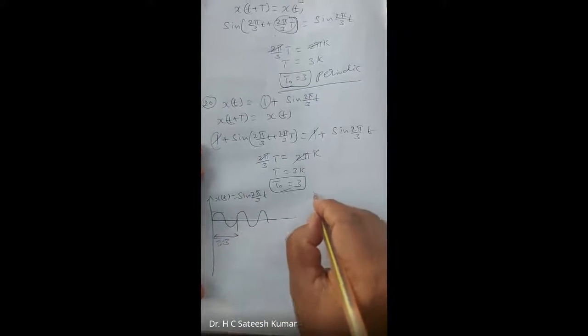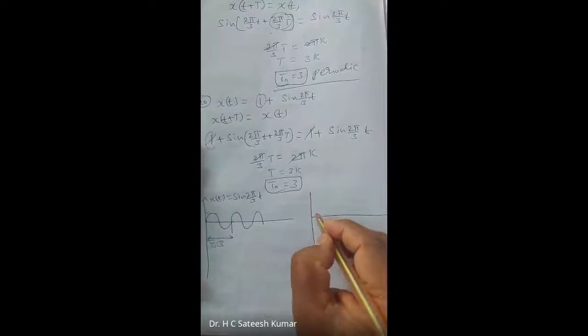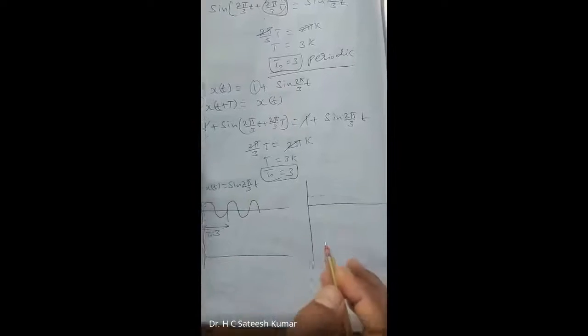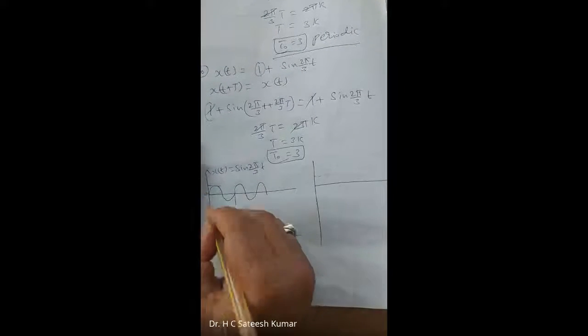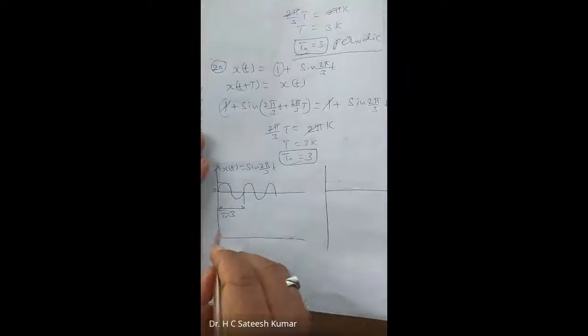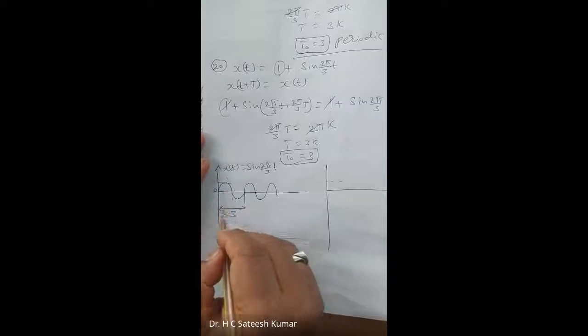Now I will add a DC to it. This is 0. Now add DC 1. 0 plus 1 is 1 here, and 1 plus 1 is 2.